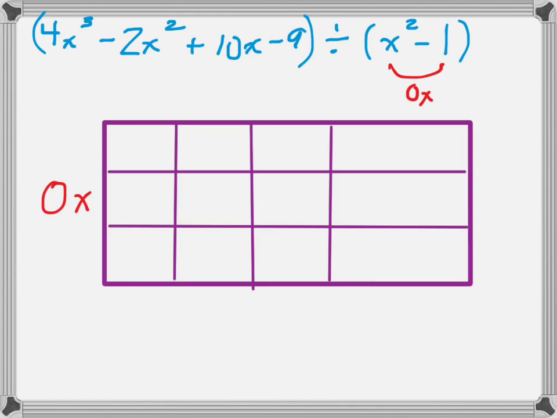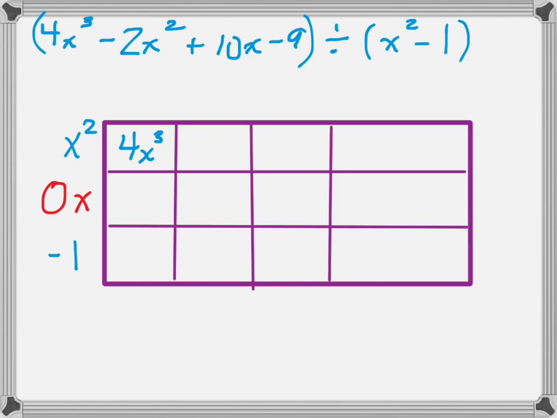Now, we are going to put the x squared here and the negative 1 here. What goes in the top left-hand corner box? 4x cubed. So if the next row has a 0 in it, what is going to be in that row? 0.